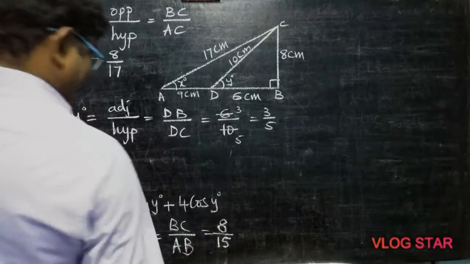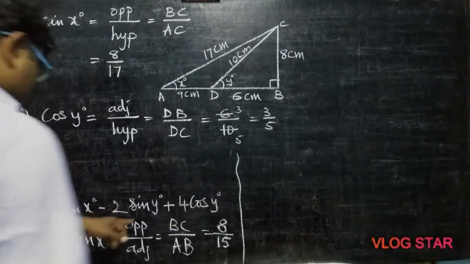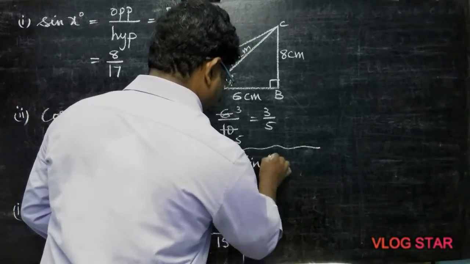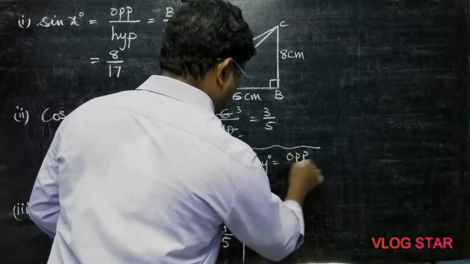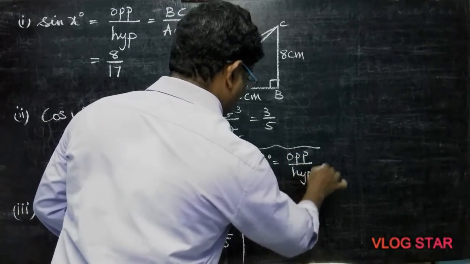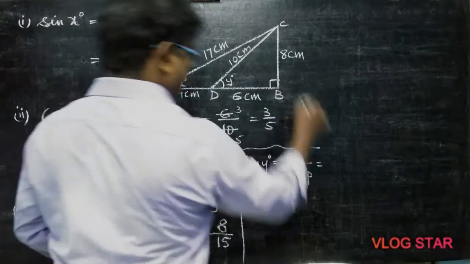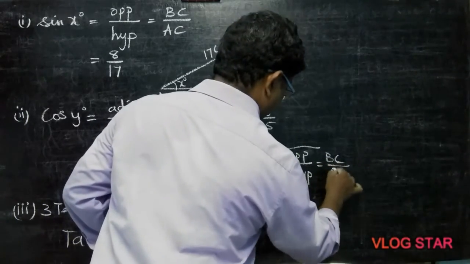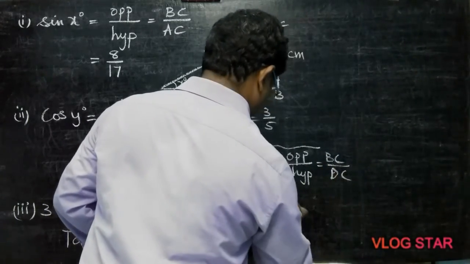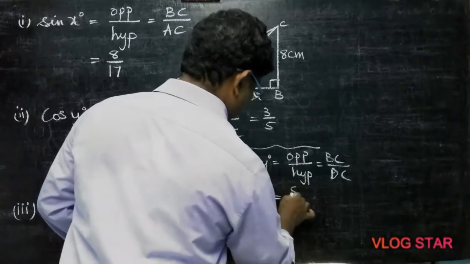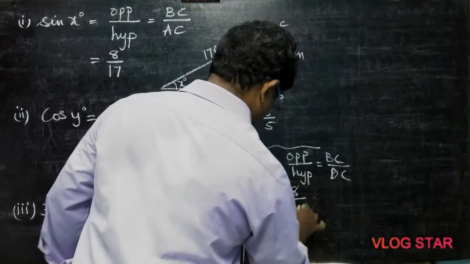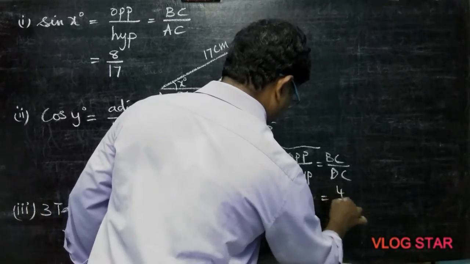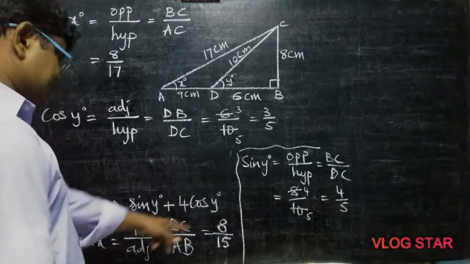No cancellation. Next, find sin y. Sin y degrees means opposite to y degrees by hypotenuse. What is opposite to y? BC. And what is the hypotenuse? DC. So BC is 8 by 10. Goes 4 times, 2 goes 5 times. 4 by 5.